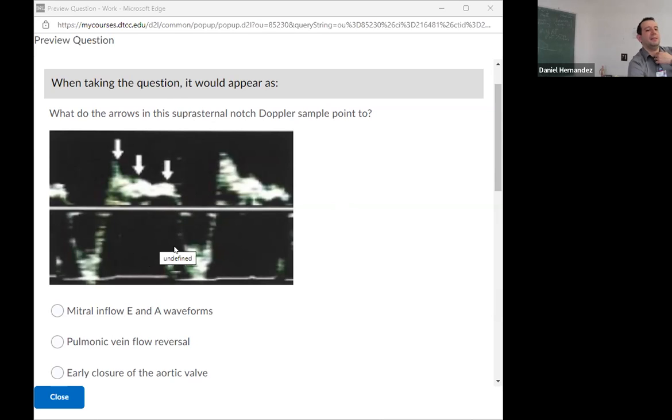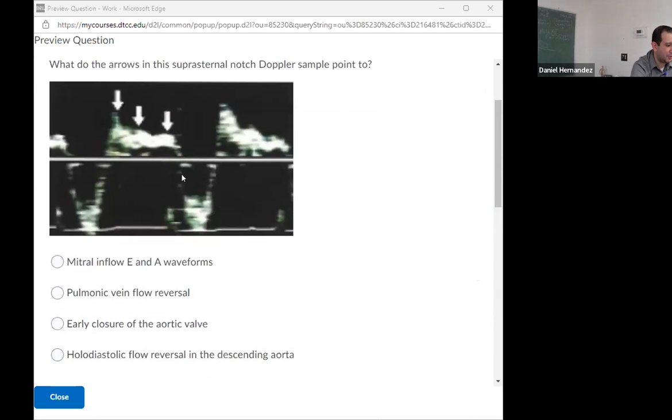My probe is there, and my arterial flow during systole is going away from me, so I know I'm in the descending aorta. If I was in the ascending aorta, this portion would be towards my transducer, above the baseline. This is during diastole. I can see holodiastolic flow reversal in the descending aorta, and this indicates severe aortic insufficiency.